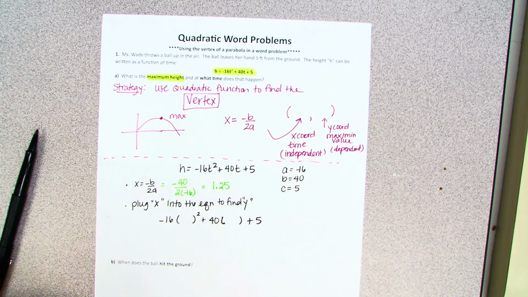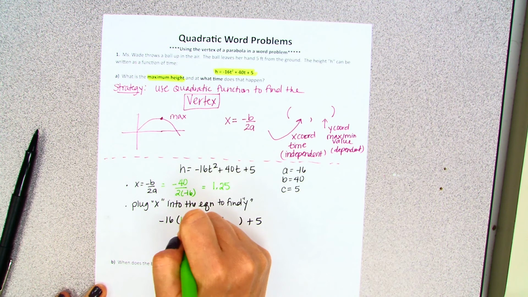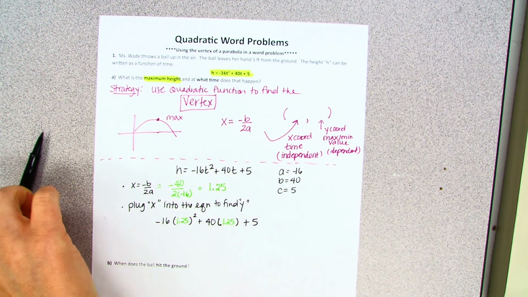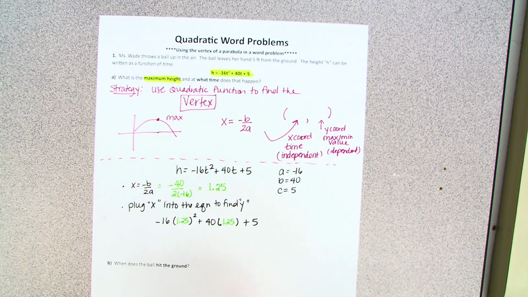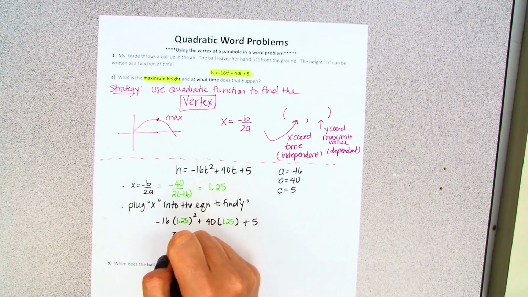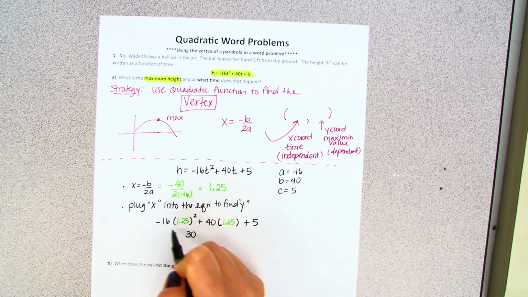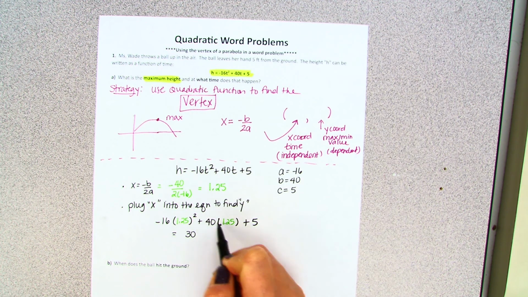I'm going to take that x value that I solved for and substitute it into my equation. When I do all the math, I get 30. Remember, you want to do the exponent first: 1.25 squared times negative 16, then plus this product, and then plus 5.